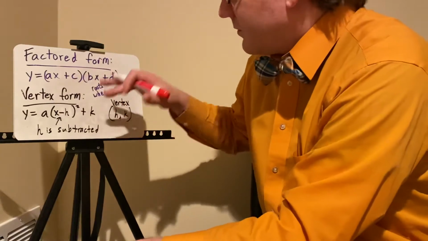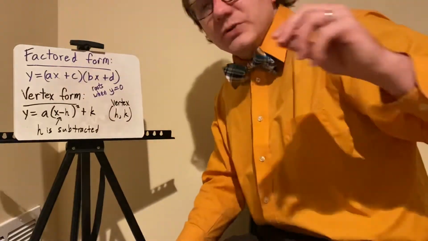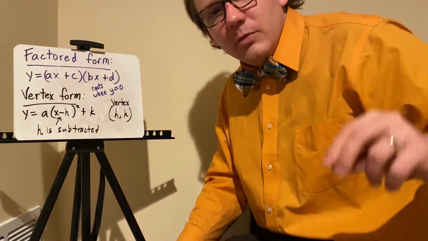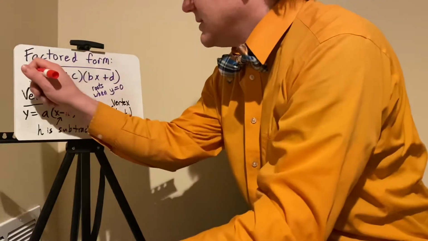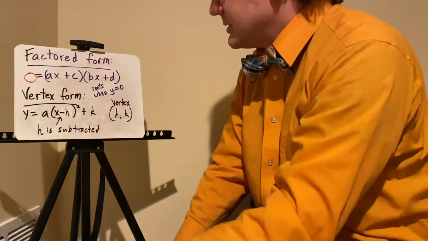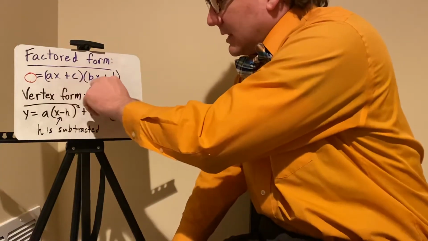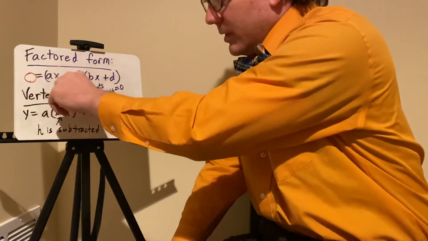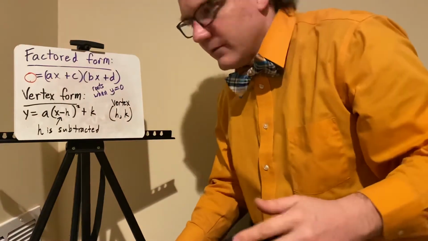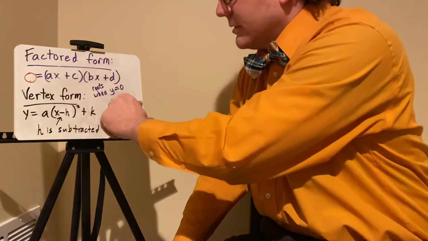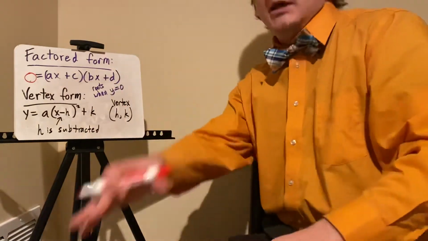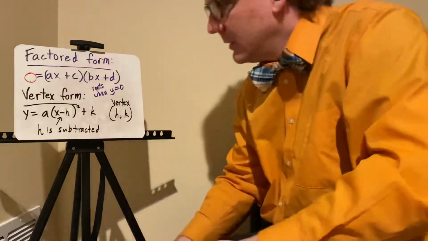The reason factored form is great is because the roots, the x-intercepts, are going to be when y is 0. So you can change y to 0, and this factor times this factor equals 0 means one of the factors has to equal 0. So you set each individual factor equal to 0, and you solve for x. I'm going to show you how to do that in a minute.